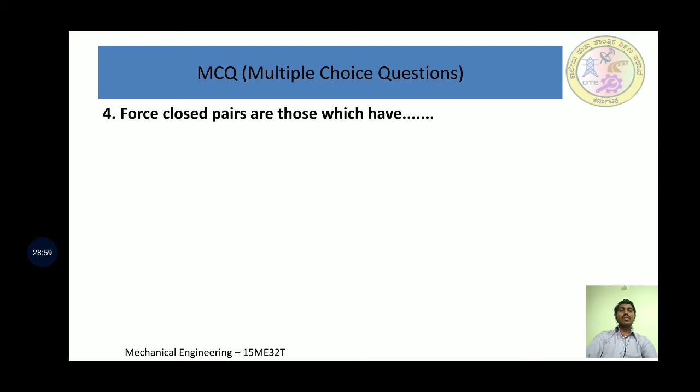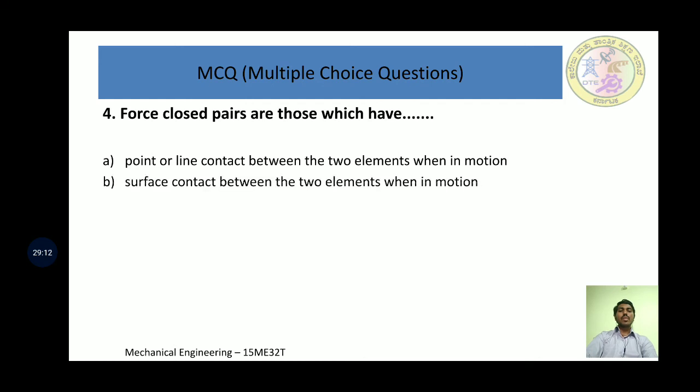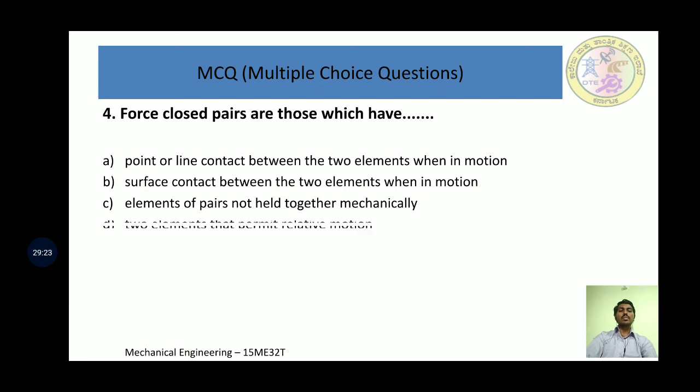Fourth one, force closed pairs are those which have: point or line contact between the two elements when in motion; surface contact between the two elements when in motion; elements of pairs not held together mechanically; two elements that permit relative motion.